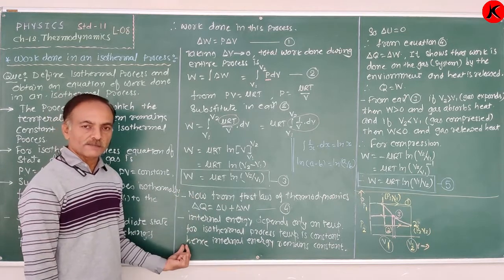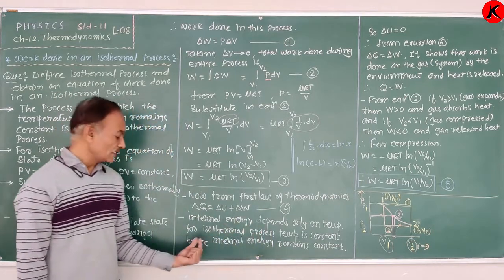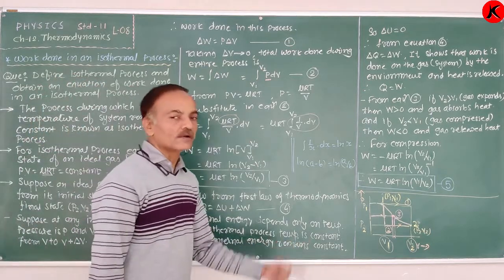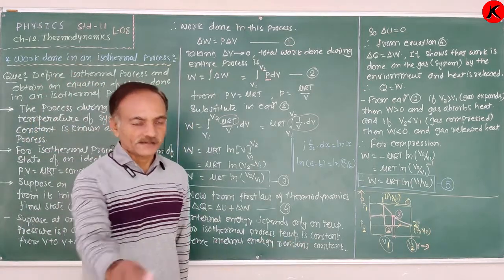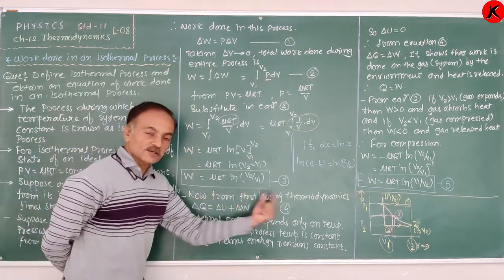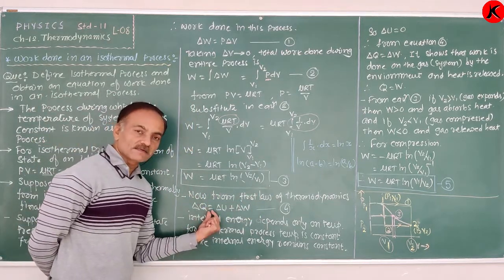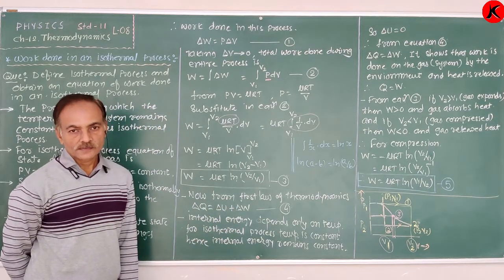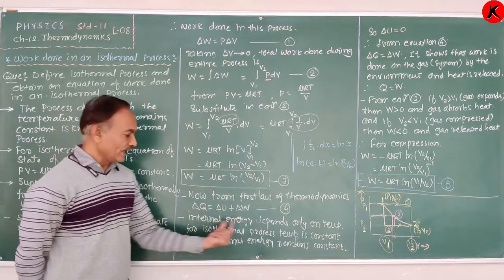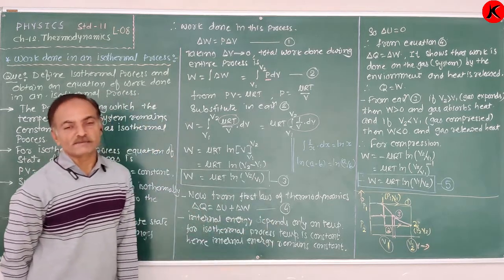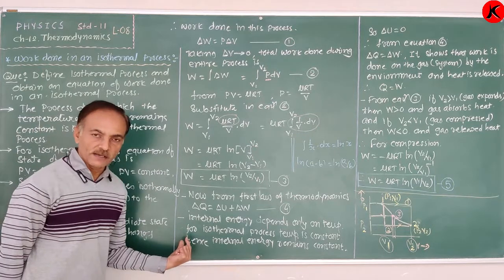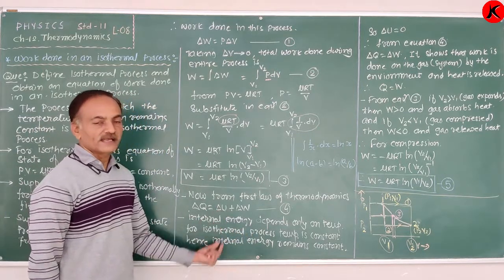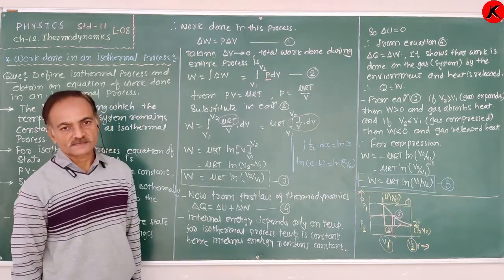For an isothermal process, temperature is constant, therefore the internal energy of the system remains constant.